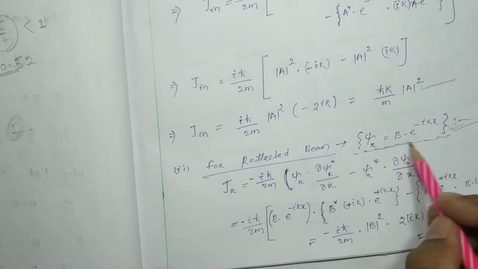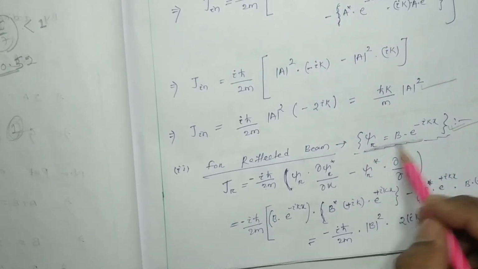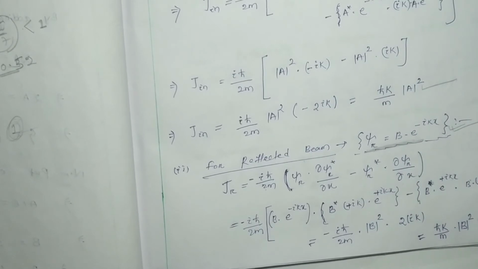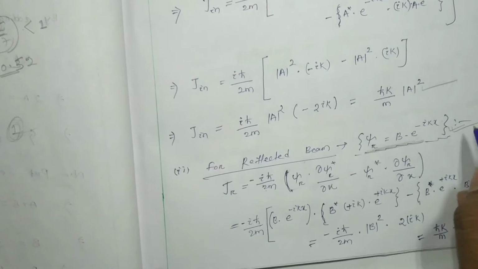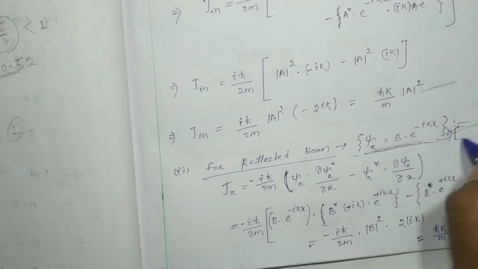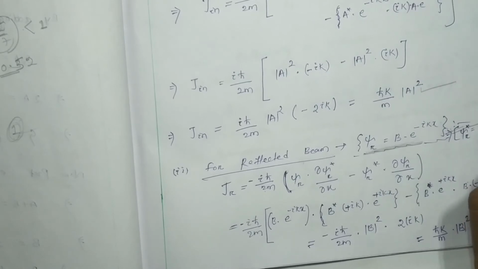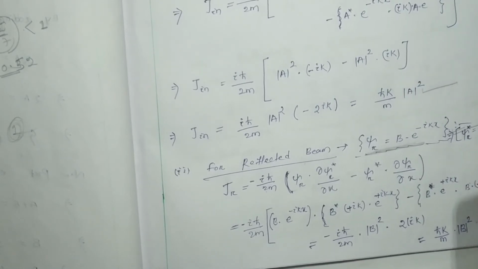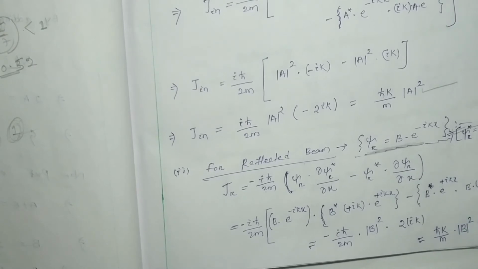So here the wave function psi r is B into e to the minus ikx, so that implies psi r star will be B star into e to the ikx. You just write this one. Whatever extra things I am writing, you should also write in your note.